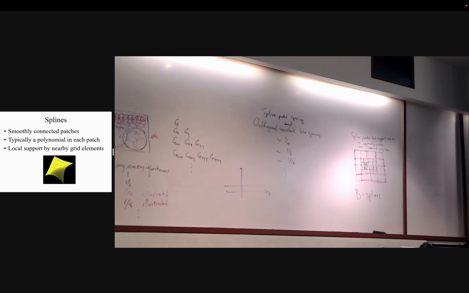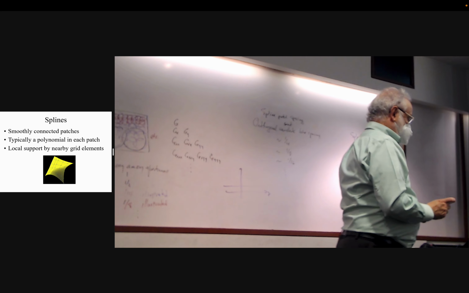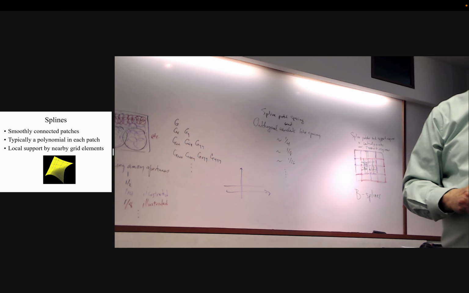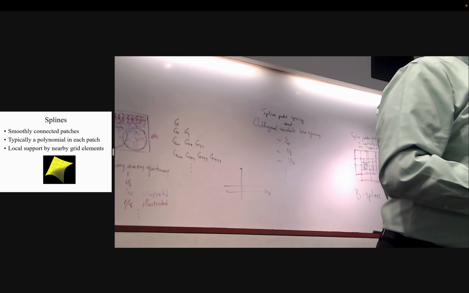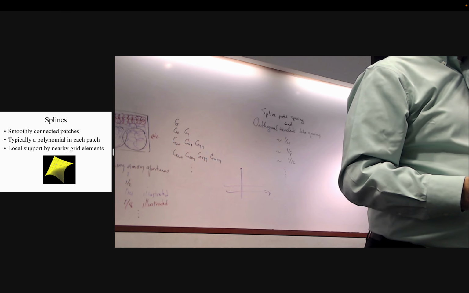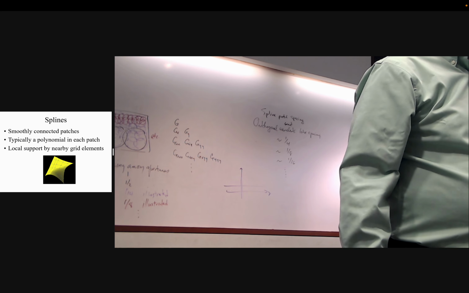Yes? How are the values of the control points determined? Well, you've seen both choices in this course. One of them is you actually just use the pixel values there. The other is you use the values averaged over a corresponding region.